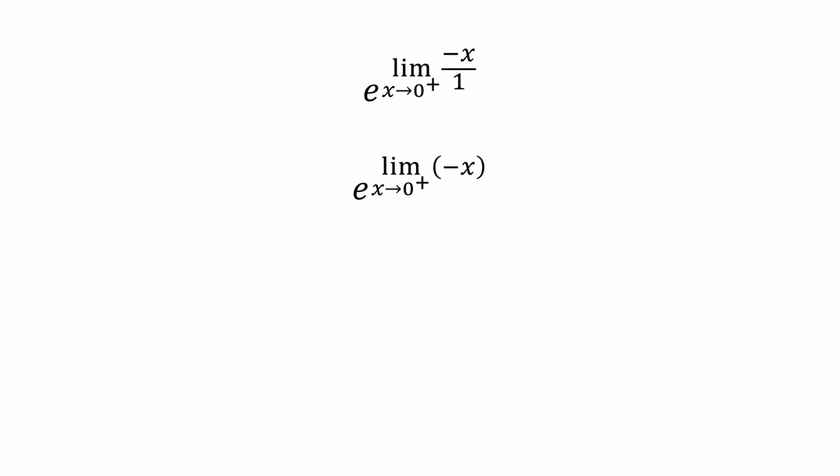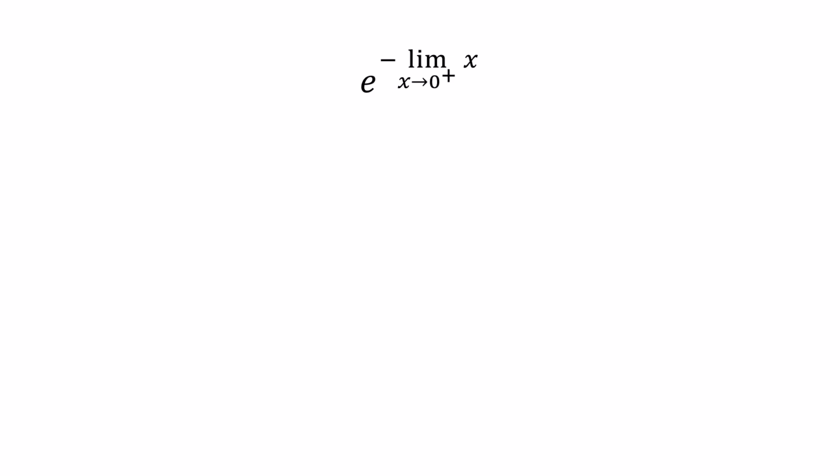Applying the constant multiple rule then gives e to the minus the limit as x approaches 0 plus of x.